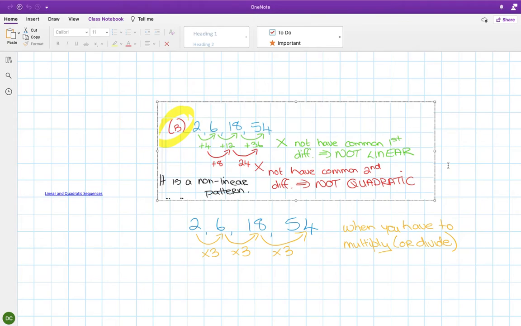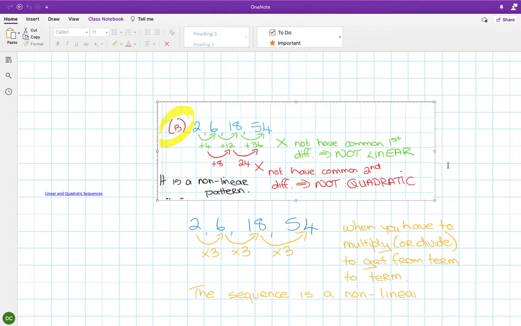So when you have to multiply or divide to get from term to term, the sequence is a non-linear sequence, called, it's called exponential.